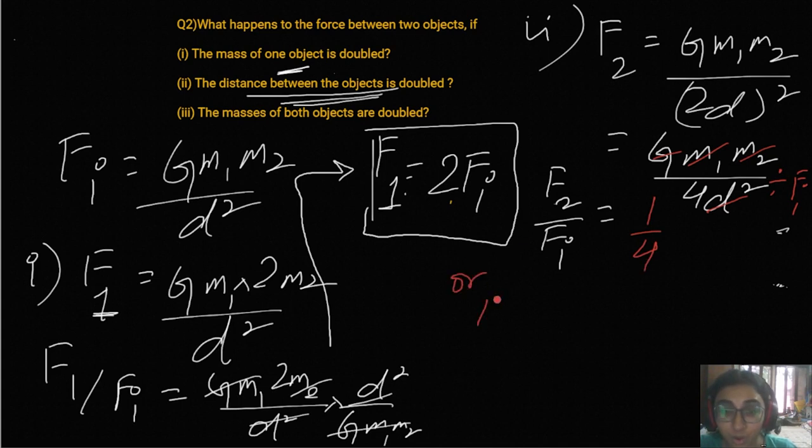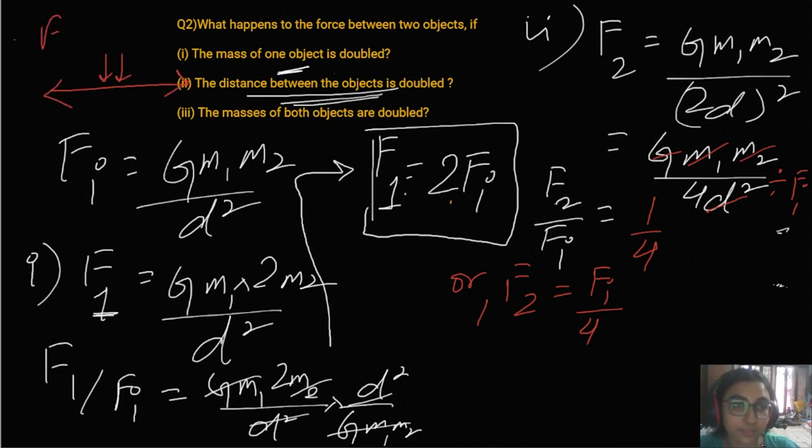Or f2 equals 1/4 of Fi. That means if we increase the distance between two objects, then the gravitational force will decrease because F is inversely proportional to d square.